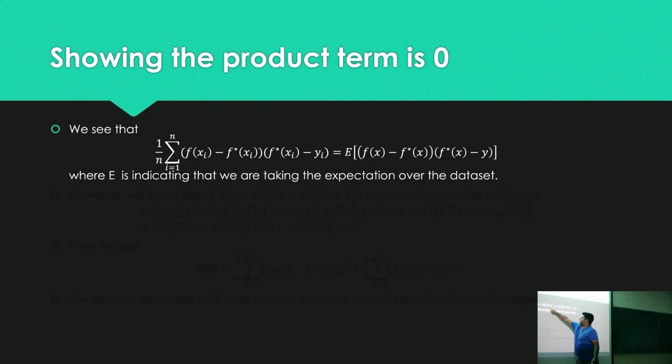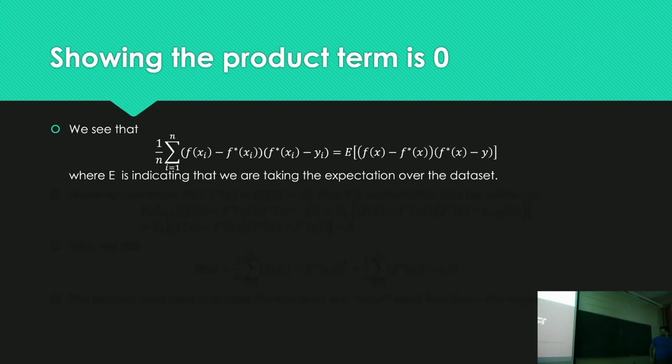If we're doing an expectation of this, then I want to use all data points and divide by their probability. But the probability I select any single data point is just 1 over n, because all points are equally likely to be chosen. So therefore, this is just the expectation of f of x minus f star of x times f star of x minus y.